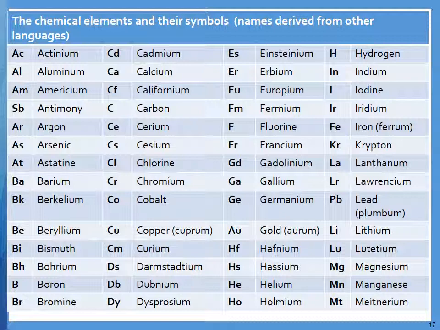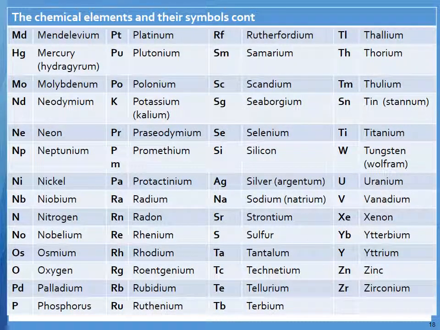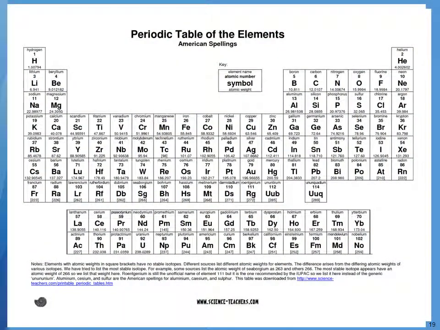This is the first half of the elements, and then the second half. I have listed them alphabetically with the name of the element, because sometimes it's hard to find the symbol if it has a very different name from the element's name. So you should be able to use this alphabetically if you're looking for the symbol for an element.